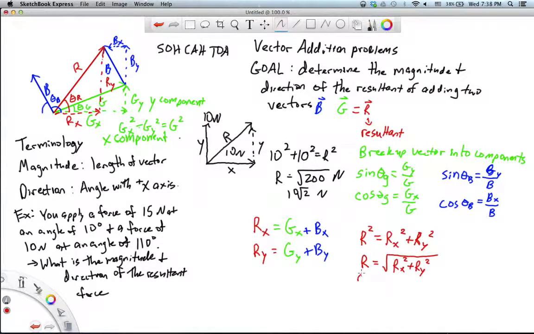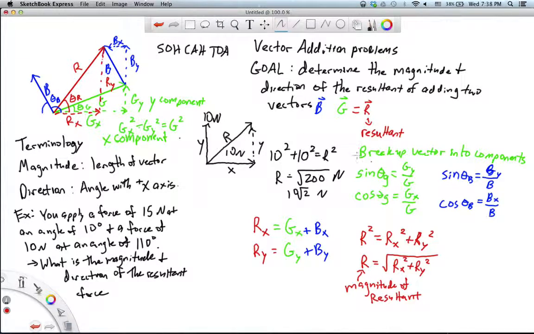So this is the magnitude of the resultant. And after you've found the magnitude of the resultant, I always also want to know what the direction is. What is this angle? Normally, if you knew what Ry and Rx were, all you have to do is just use the tangent function.